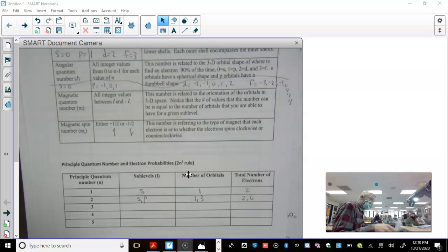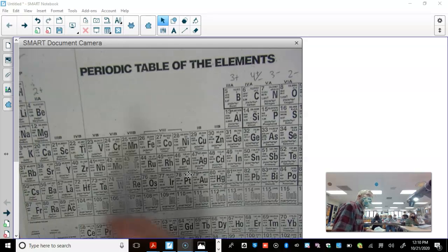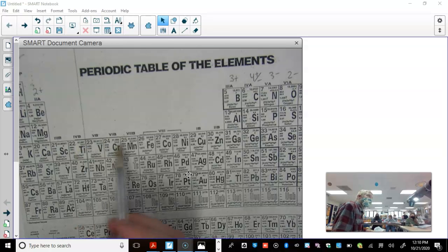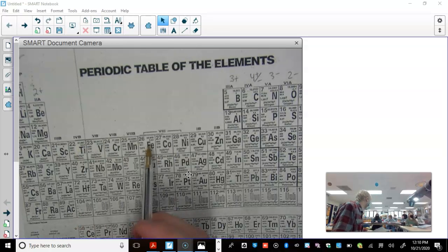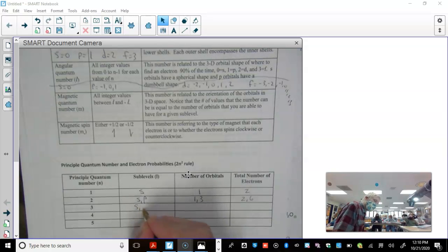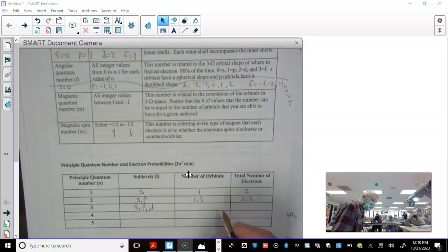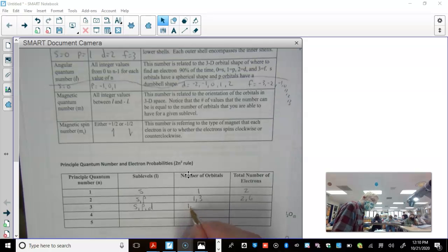All right, so then the third, you can have S, you can have P, and then the fourth row of D's are called 3D. So you can have S, P, and D. Number of orbitals for S is 1, P is 3, and D is 5. And you can have a max of 2, 6, and then the D can have a max of 10.